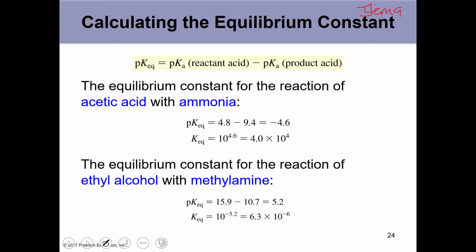And if you remember, pKeq is the negative log of Keq, and the anti-log of Keq is to raise both sides to the power of 10. So, for example, if pKeq, or the negative log of Keq, is equal to negative 4.6, and I raise both sides to the power of 10, because in algebra, whatever you do to one side, you have to do to the other.